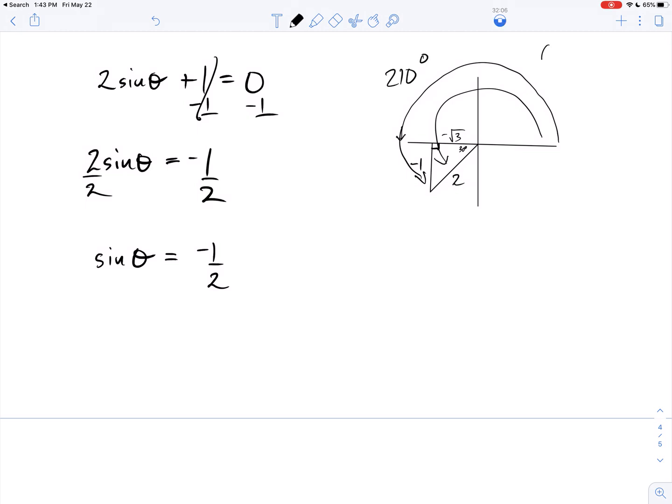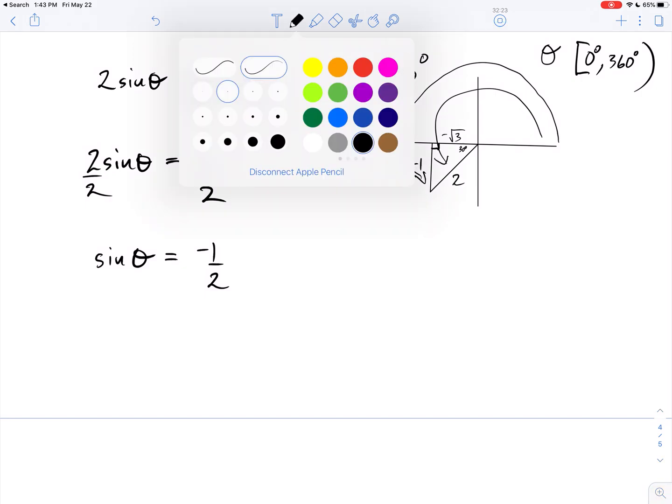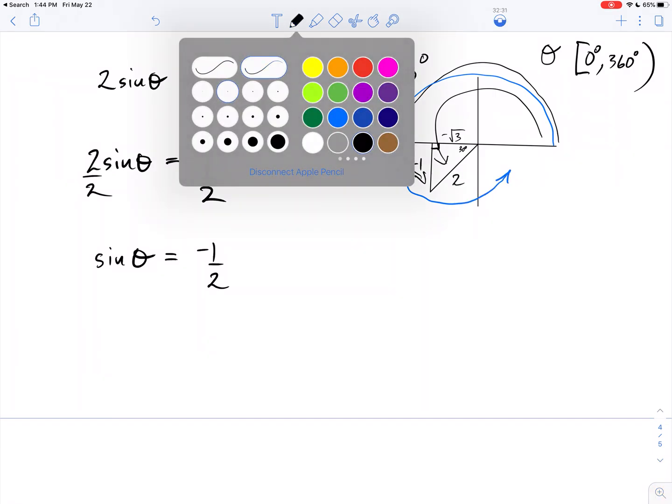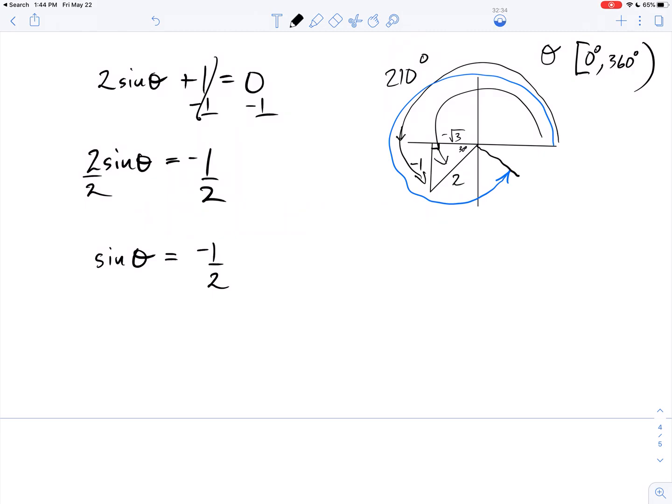Now, keep in mind, they gave me theta, so it's going to say theta, use the interval from 0 degrees to 360. That's how they're going to write these ones, okay? So 210 degrees falls in that interval. Let's go get that other angle, though. That other angle goes all the way around, stops here, but what I'm hoping you're already ahead of me, and you don't even need to see me do this, but I'm going to do it anyway.